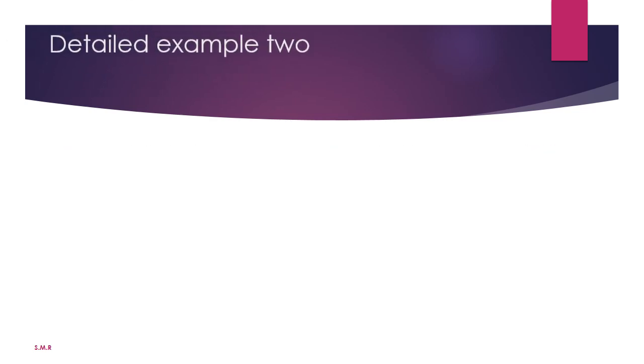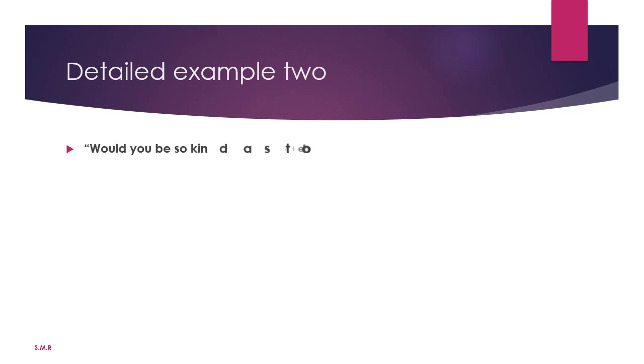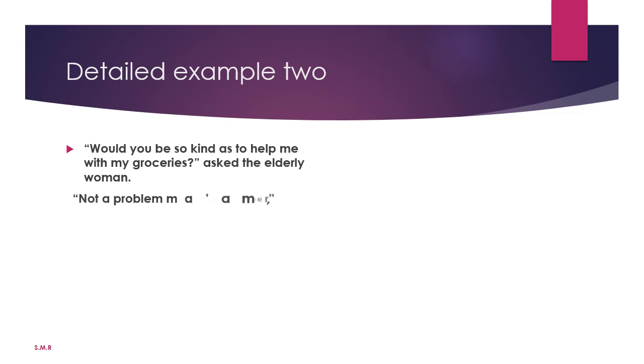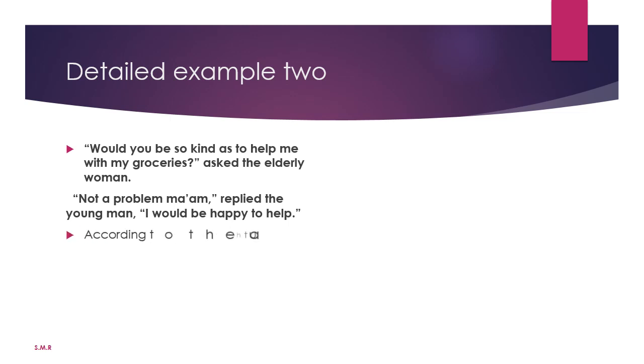Another detailed example. Would you be so kind as to help me with my groceries? asked the elderly woman. Not a problem, ma'am, replied the young man. I'd be happy to help. So, in this example, what is the writer's tone according to the author's description? We have to be careful for the terminology.